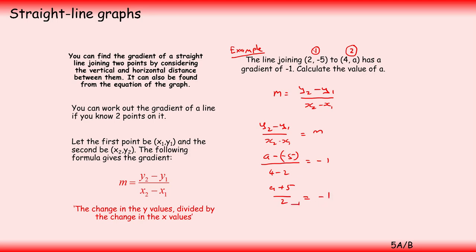So the 2 is divided on that side, so it becomes multiply on this side. So a plus 5 is equal to minus 2. So a is going to be equal to minus 2 minus 5, which gives us a equals minus 7. So we found our value of a as minus 7. Good. Hit pause, make some notes. When you're ready to move on, hit play again.